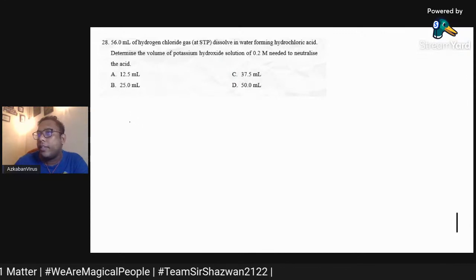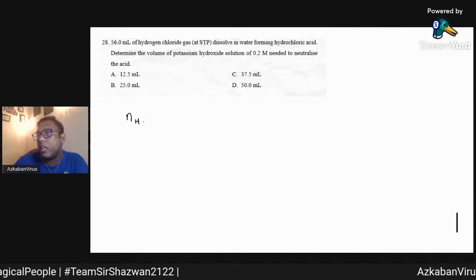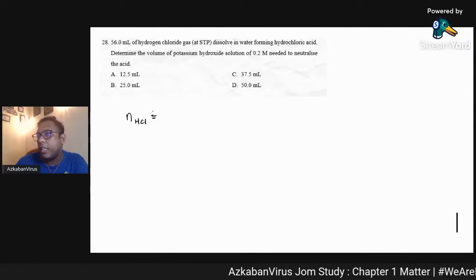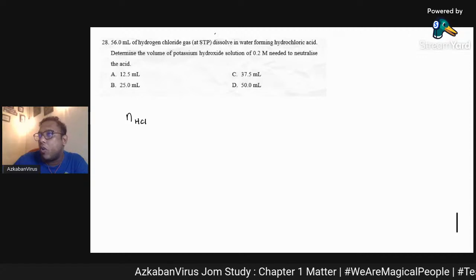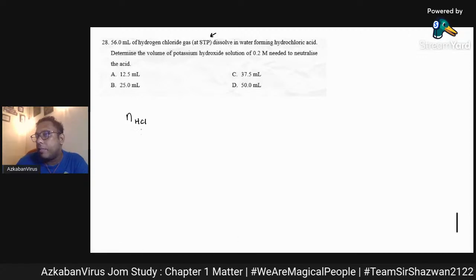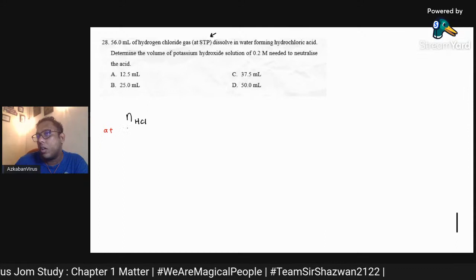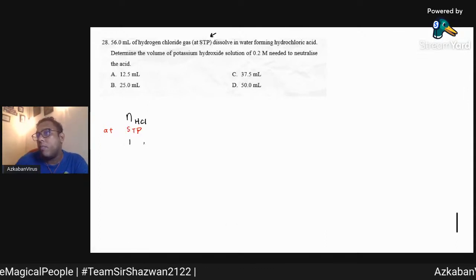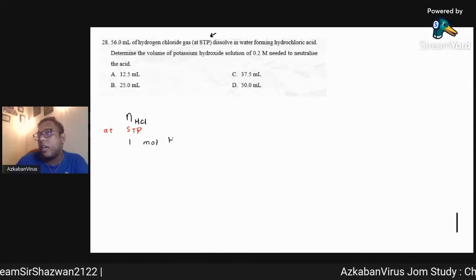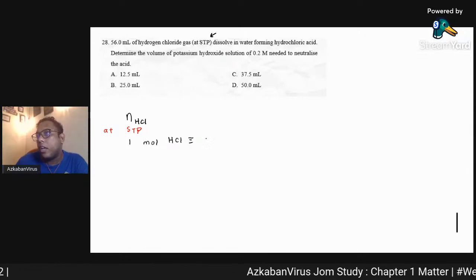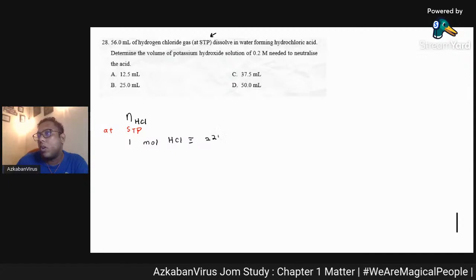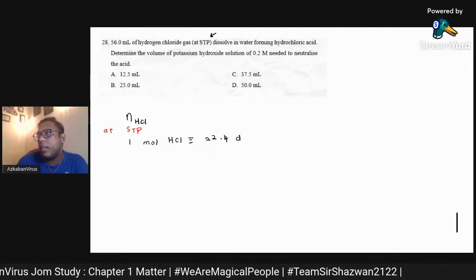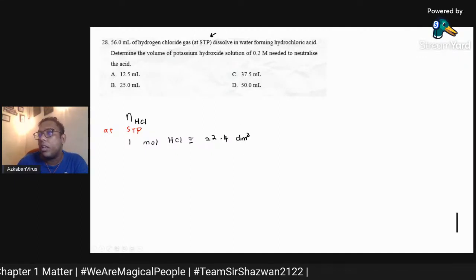So n of HCl is equal to, okay, since kita diberi data dalam bentuk volume, we know that at STP one mole of HCl occupy 22.4 dm cube ataupun liter.